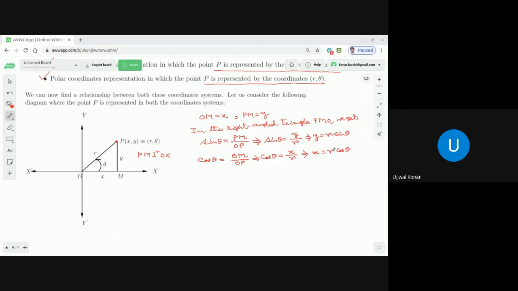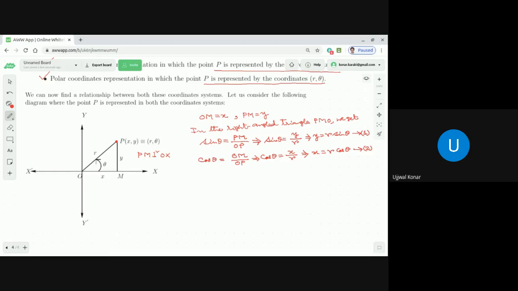So what we get: x is equal to r cos theta and y is equal to r sin theta. Let's call this equation 1, and this equation 2. Correct, dear students? So if we know r and theta, we can find the values of x and y by means of this relationship, x equal to r cos theta and y equal to r sin theta.